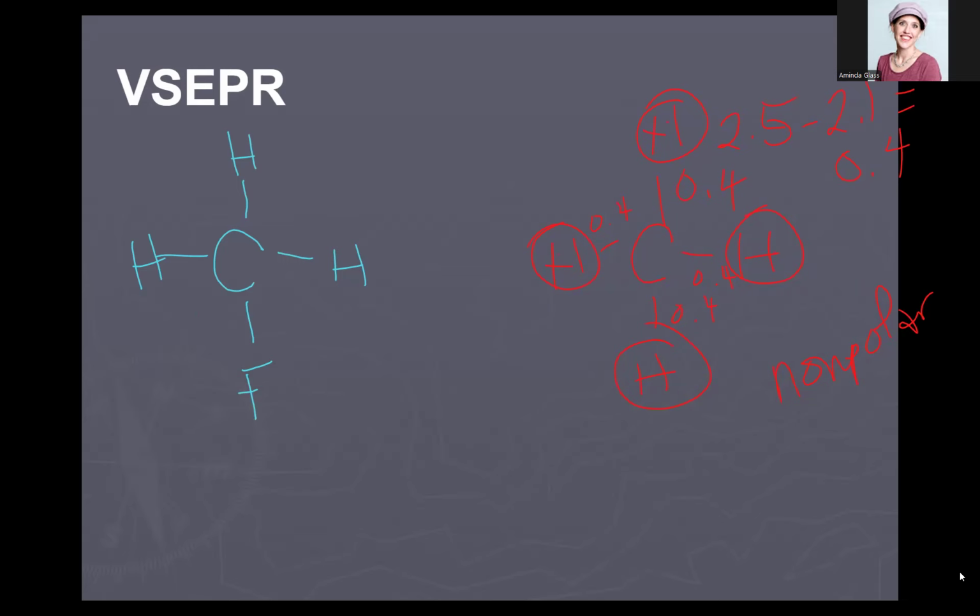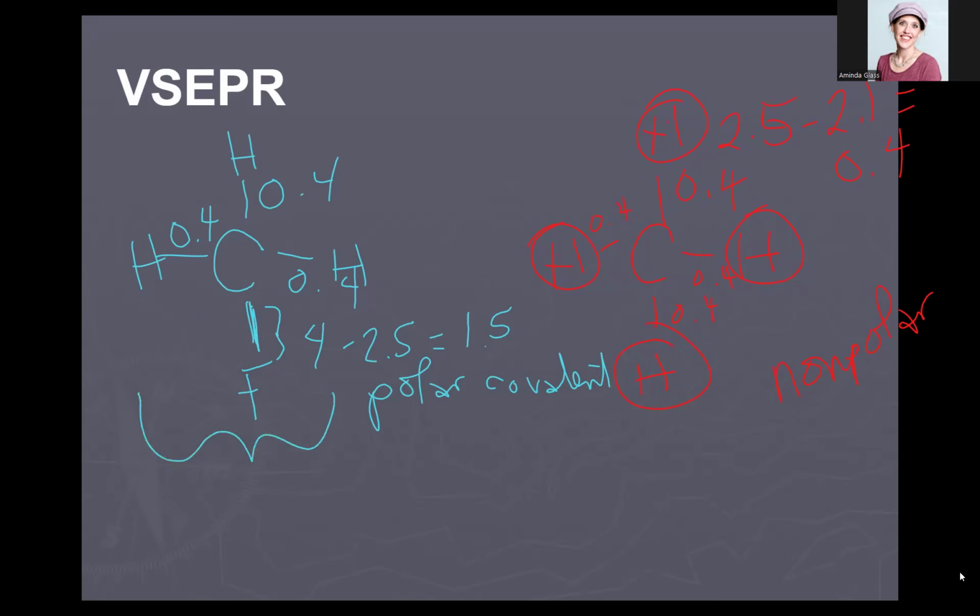So if we did this, this one's 0.4, this one's 0.4, this bond's 0.4, but this bond instead would be 4 minus 2.5, which is 1.5, which is polar covalent. So if this bond is polar covalent, it means that this molecule itself is polar.